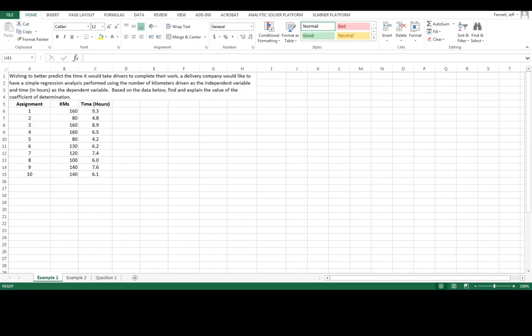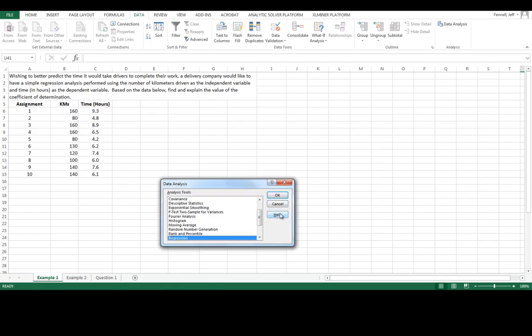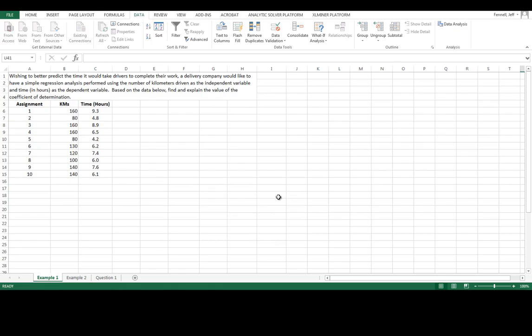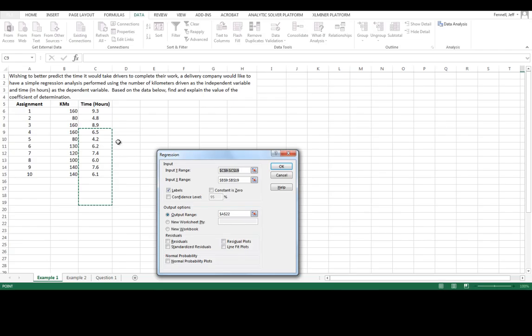So let's start by doing our regression analysis. So under data analysis, regression. Here we want our y variable to be our time.